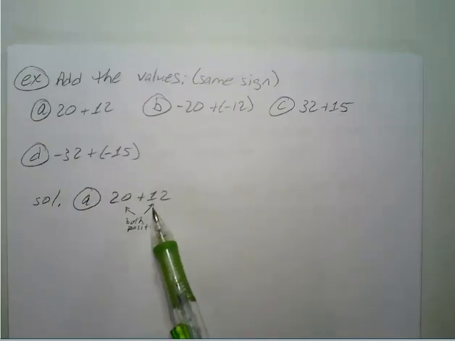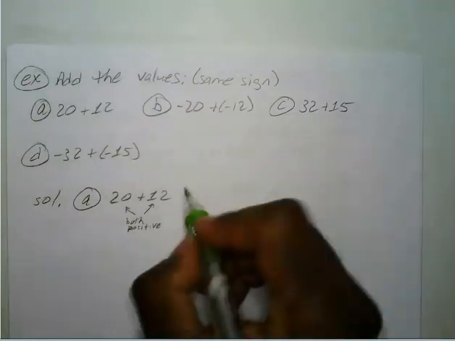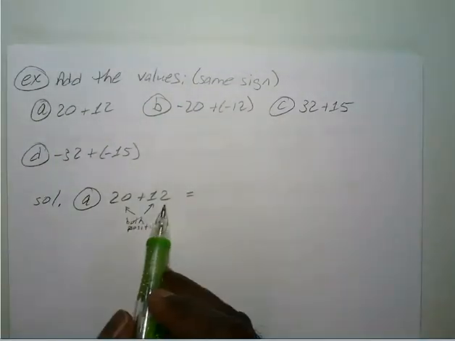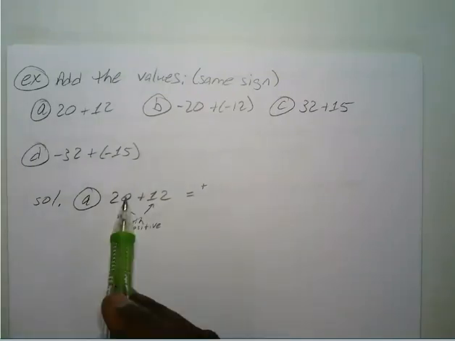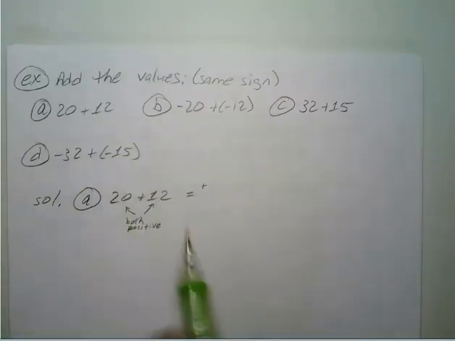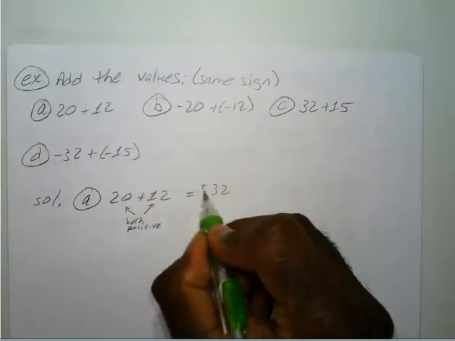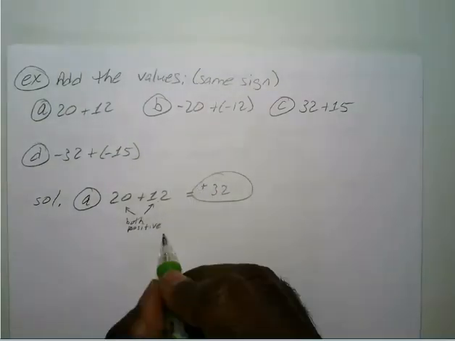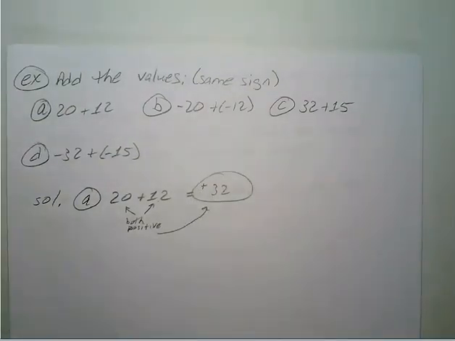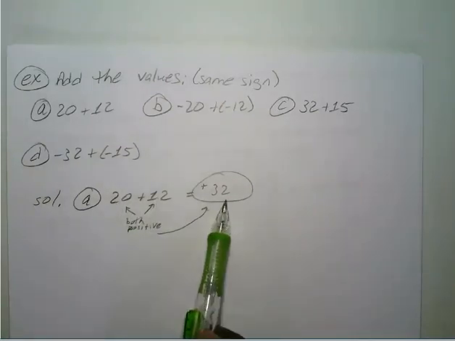So you don't have to add the absolute value in this case. But since they're both positive, we know that your answer is going to be positive. And 20 plus 12 is 32. Positive 32. And again, you don't need the positive sign. It's just there to reinforce that if they're both positive, your answer will be positive.